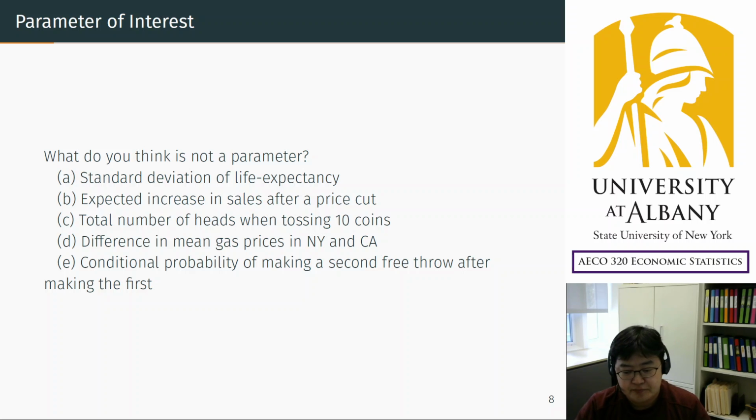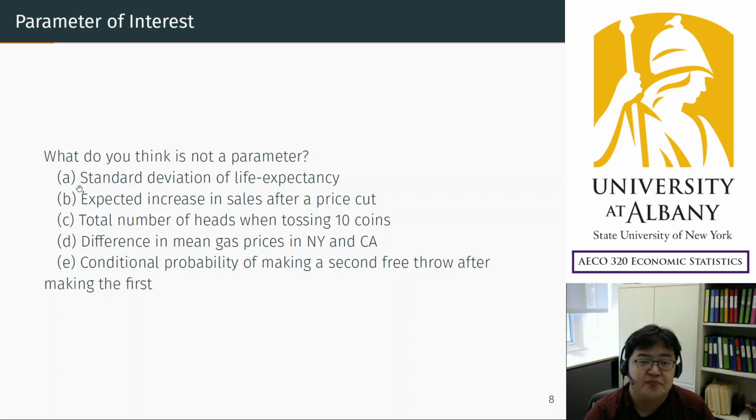Okay, then let's think about it in more detail. In those examples, one of them cannot be a parameter. So when I say parameter is the target of an inference, it sounds obvious, but what's more helpful is to think about what cannot be a parameter. So think about this.